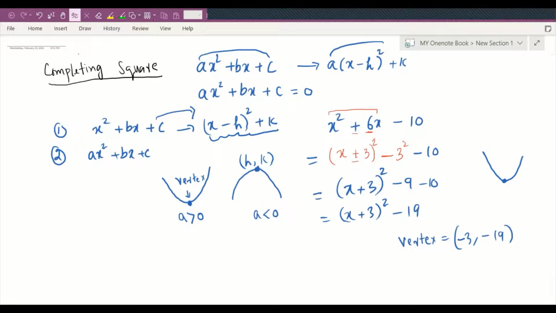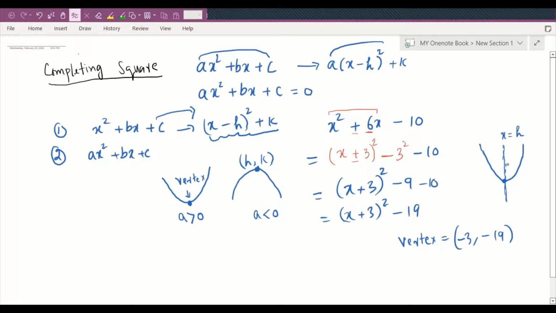One more thing here: we can also have a vertical line that passes through the vertex. This line divides the parabola into two identical parts, and hence it is the line of symmetry of the parabola. The line of symmetry or axis of symmetry is a vertical line passing through the vertex. The equation of this line will always be x equals h. Whatever the x coordinate of the vertex is, that is the equation of the axis of symmetry.